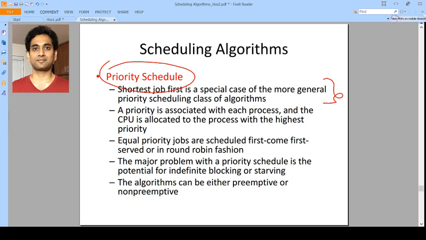So in a priority schedule, a priority is associated with each process, and the CPU is allocated to the process with the highest priority. Now, when there are two jobs with equal priority, then a first come first serve or round robin scheme is used between the two tasks of equal priority. So such algorithms can be either preemptive or non-preemptive.